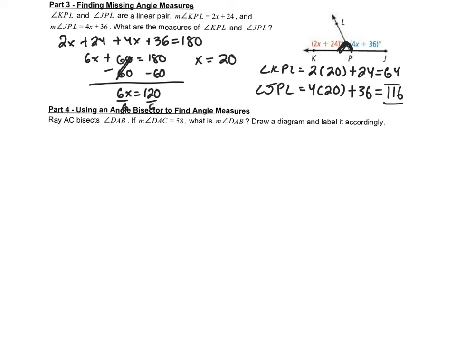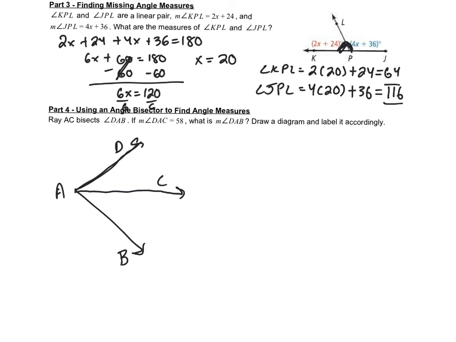All right, last part, we're using an angle bisector to find angle measures. Here it says ray AC divides DAB. So I'm going to draw a picture. Let's say here we have DAB, and ray AC bisects the angle.